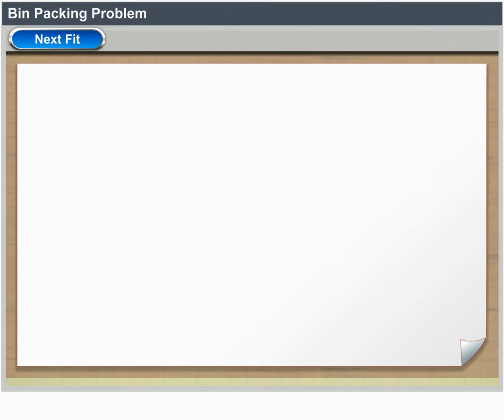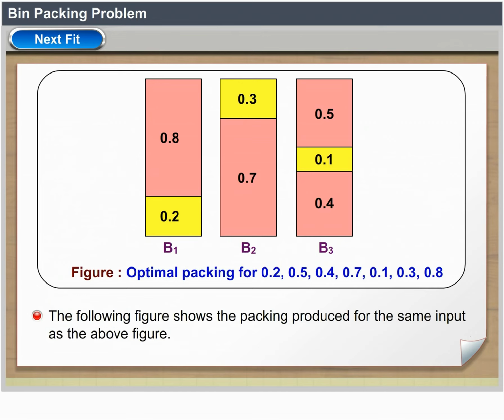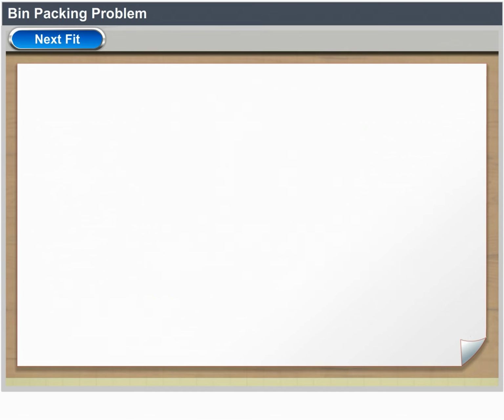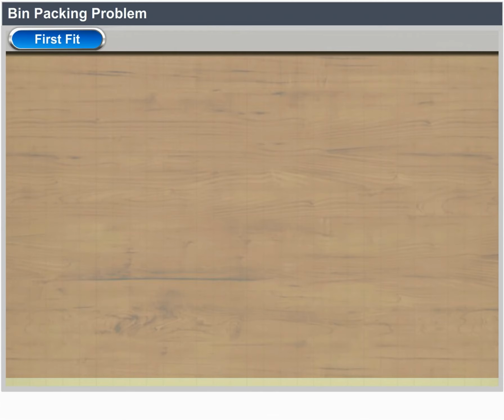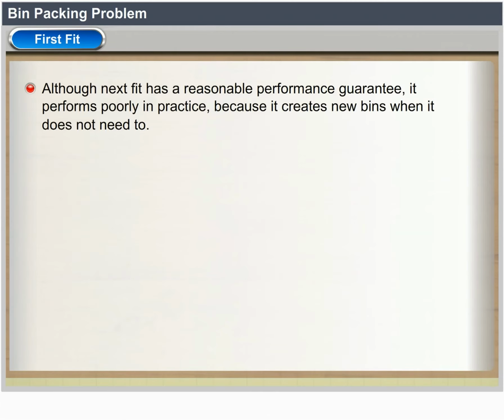The following figure shows the packing produced for the same input as the above figure. Not only is next fit simple to program, its worst case behavior is also easy to analyze. First fit. Although next fit has a reasonable performance guarantee, it performs poorly in practice because it creates new bins when it does not need to.